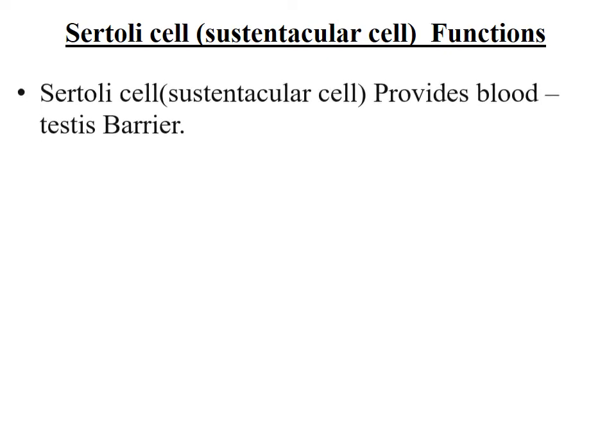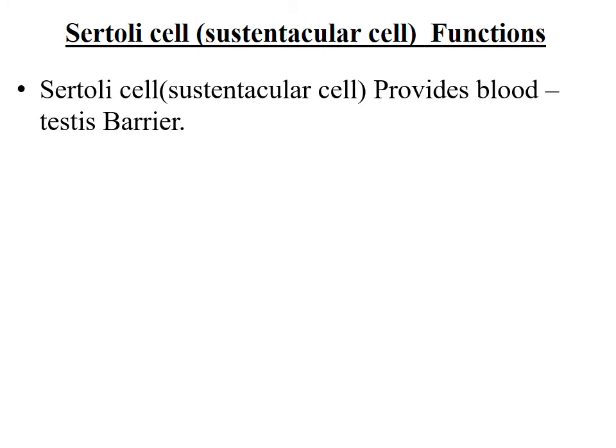Sertoli cells or sustentacular cells, and we will see their functions. Sertoli cells function as the blood-testis barrier. What is the blood-testis barrier? Just like the blood-brain barrier, what we have learned before, a blood-testis barrier means the blood will not get mixed with the testicular contents. It will not be entering into the seminiferous tubules, and the sperms are a highly sensitive structure which has to be kept isolated.